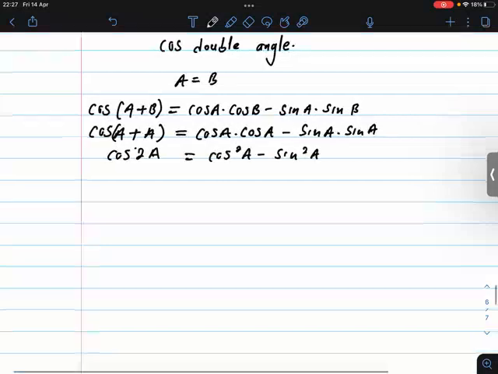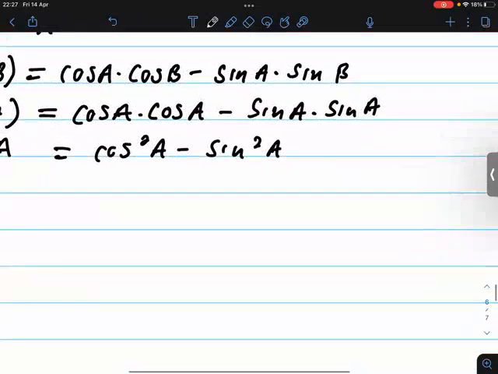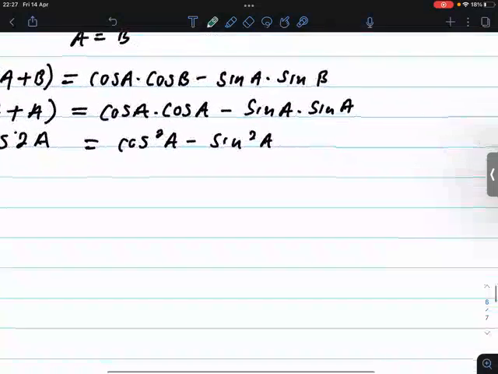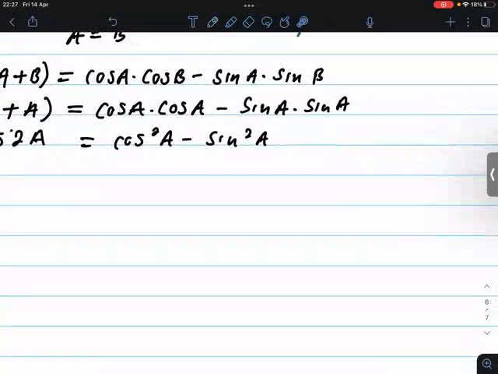And guys, every time you see this cos squared A minus sine squared A, it might be teaching you something else. This is not necessarily related to the identity itself. It's for you to remember this as a side note. This is a certain type of factorization. Cos squared A minus sine squared A. What type of factorization would you use here?